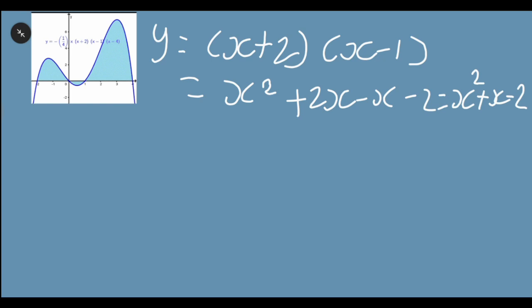Then we're going to do the x squared plus x minus 2 times that by x minus 4.